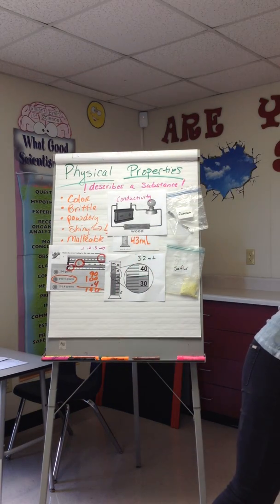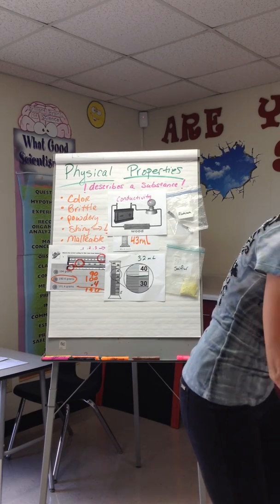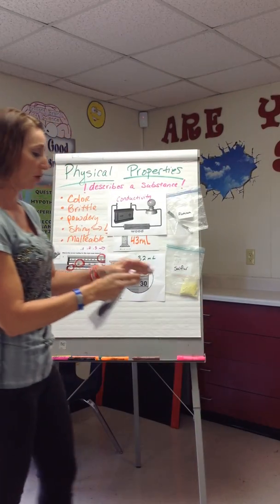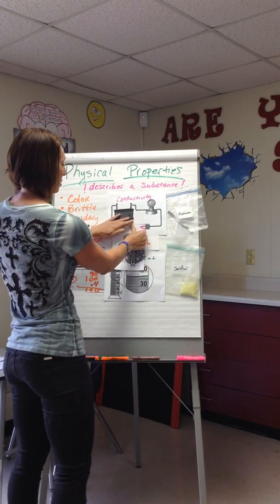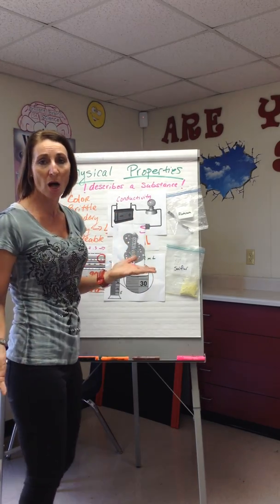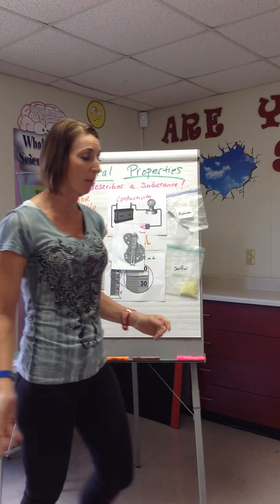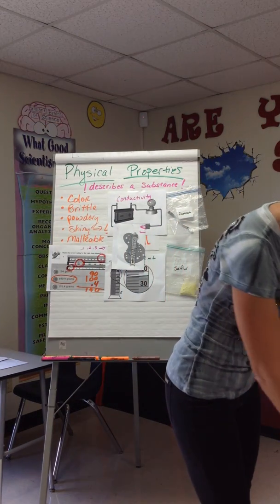Another physical property would be temperature. How hot or how cold something is. Thermometer. How hot is it? How cold is it? That's a physical property. That's pretty easy.